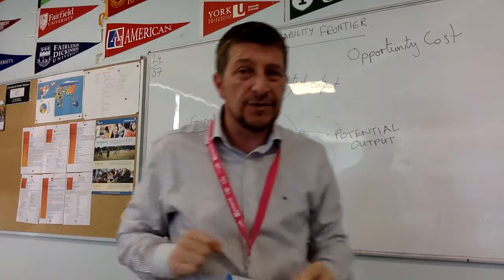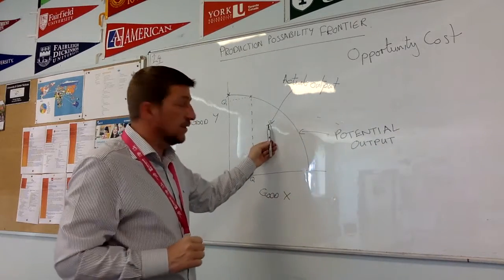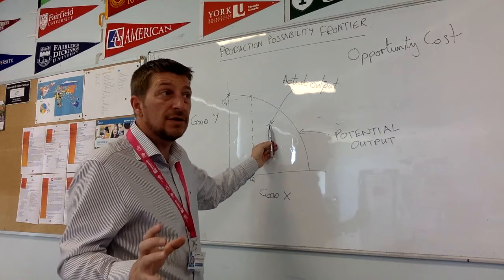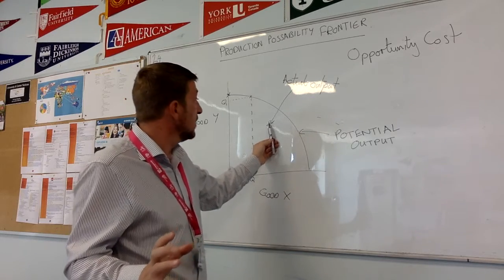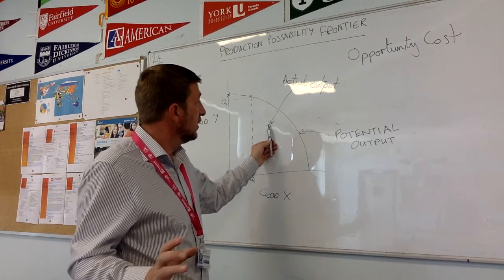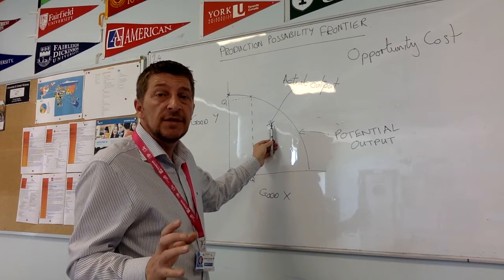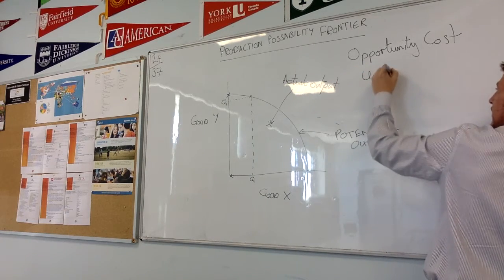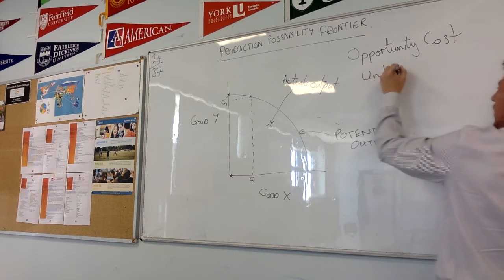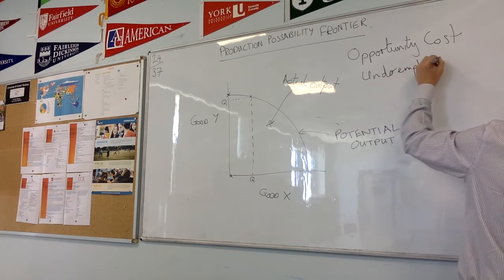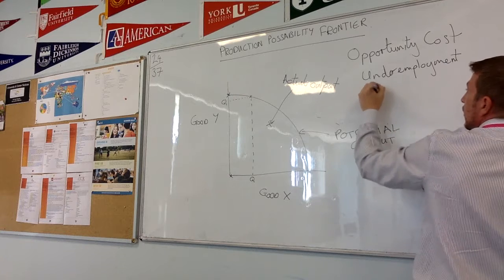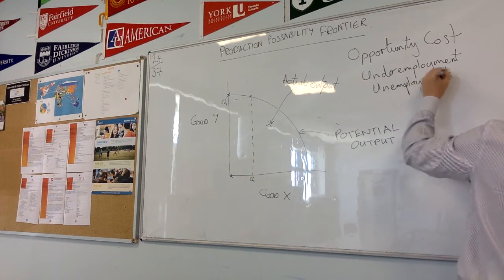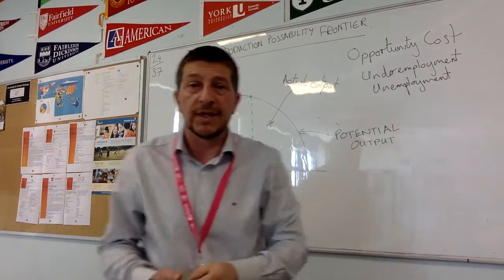Now that's an interesting concept because it also then allows us to consider a really important fundamental term in economics, which is the fact that we are not using all of our resources to their full capacity. So it actually shows underemployment or unemployment of our resources.